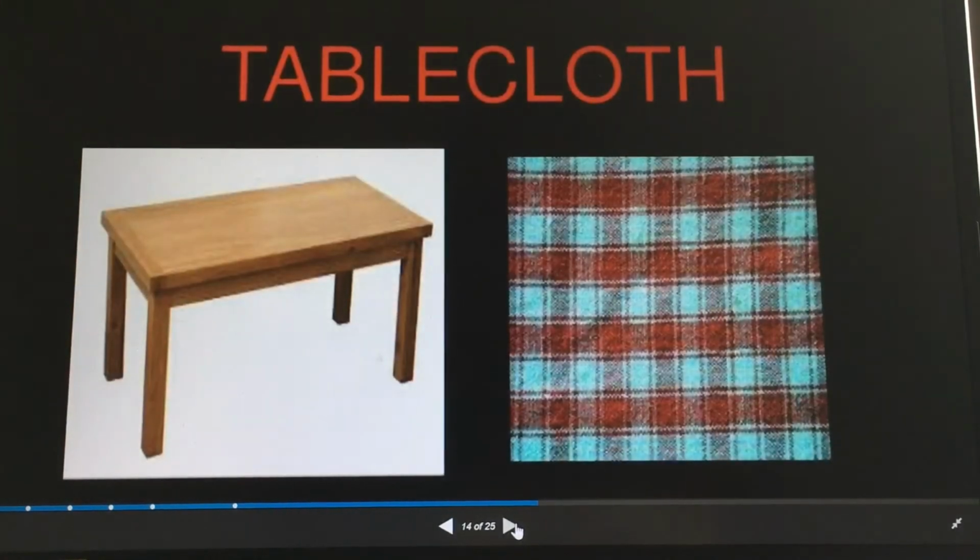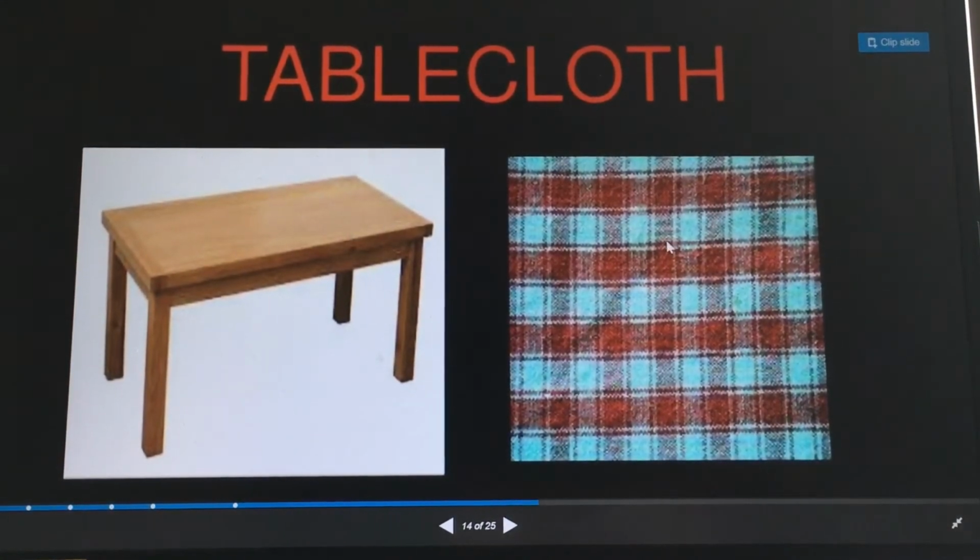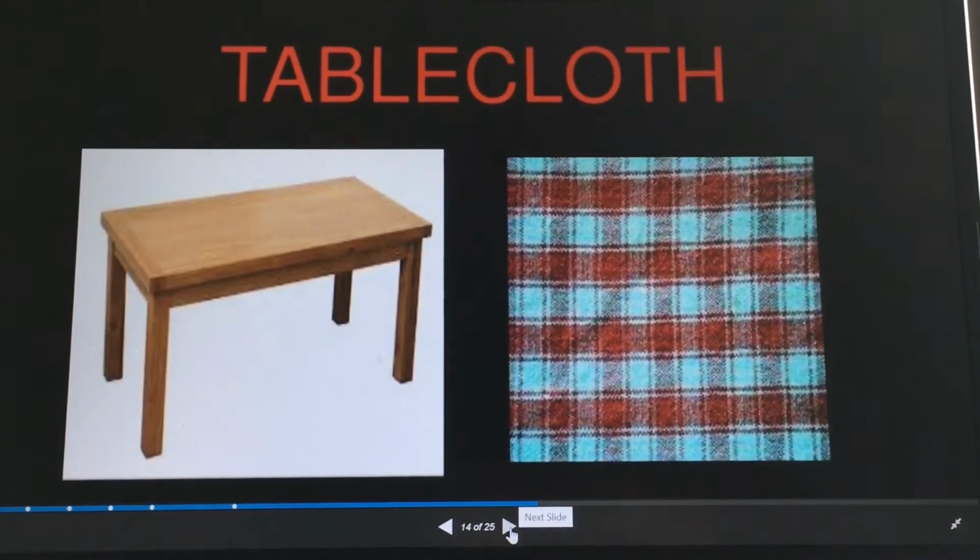And another one, we have tablecloth. Do you know what is tablecloth? It forms from table and cloth. You can search using your phone what it looks like when you say tablecloth, class.